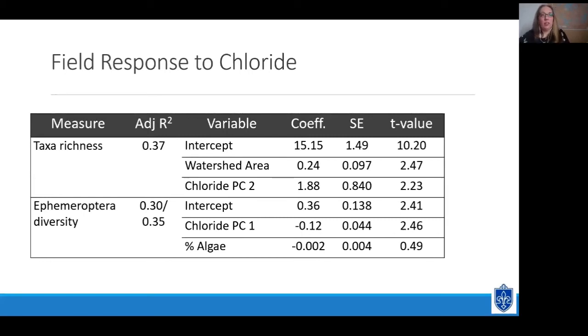Meanwhile, the influence of the second principal component axis suggests that the type of exposure to increased chloride concentrations is important to aquatic macroinvertebrate assemblages.